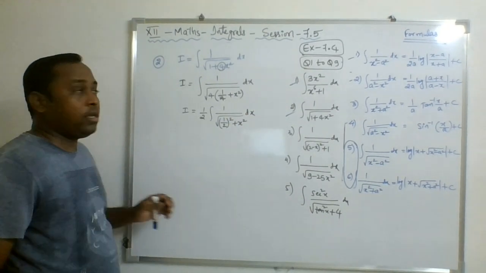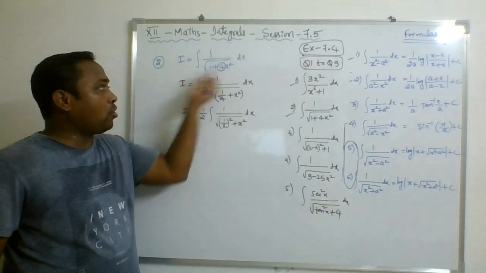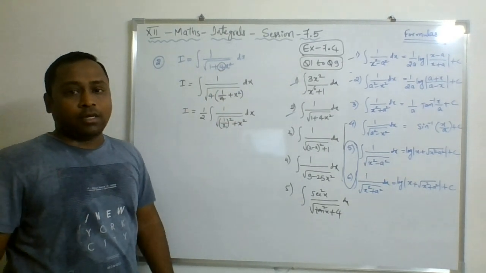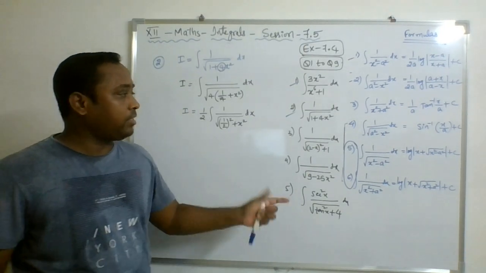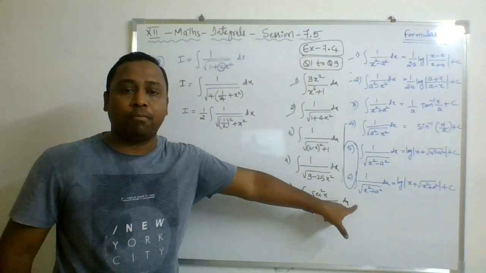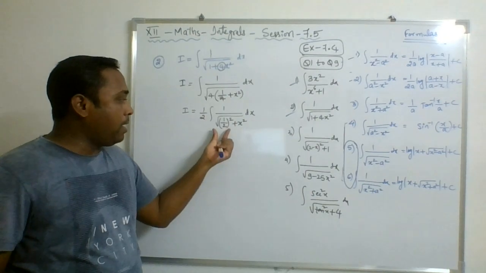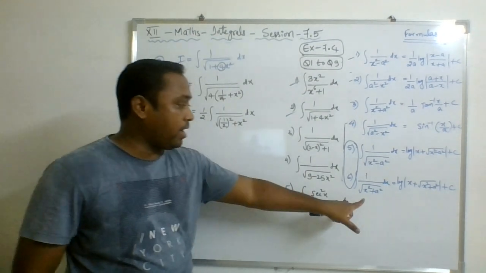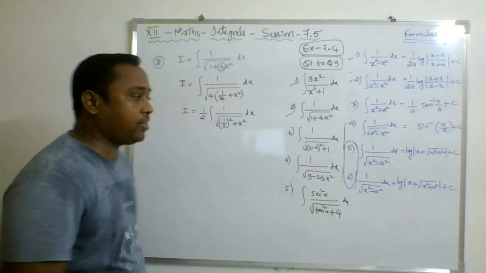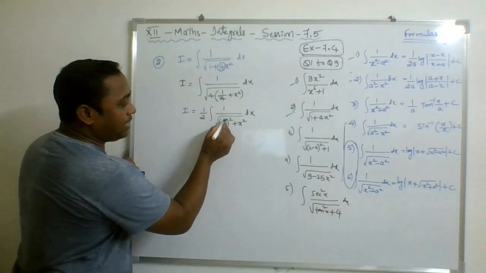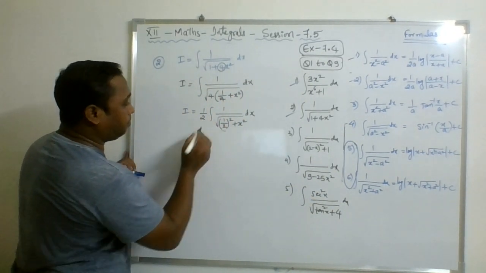Now see how smartly, when I take the coefficient of x square as a common factor, it reduced to a standard form. Which standard form is it? Formula number 6, 1 by a square plus x square. This formula is going to apply. In place of a, 1 by 2 will come.